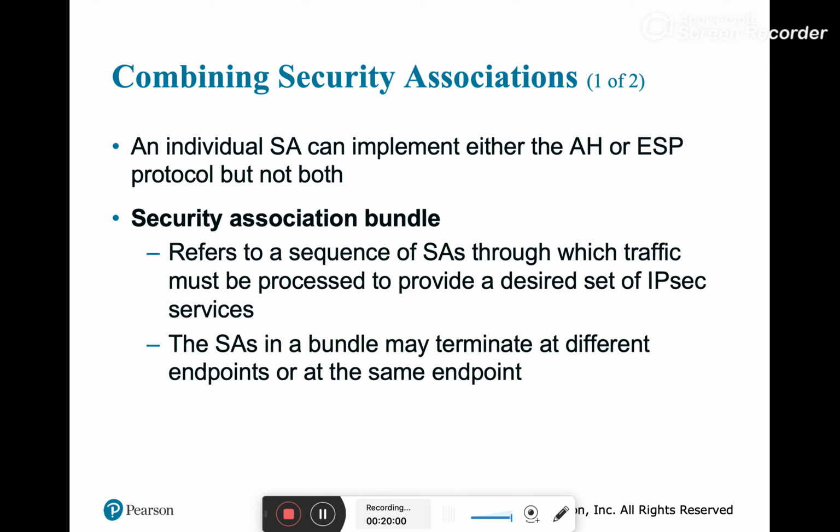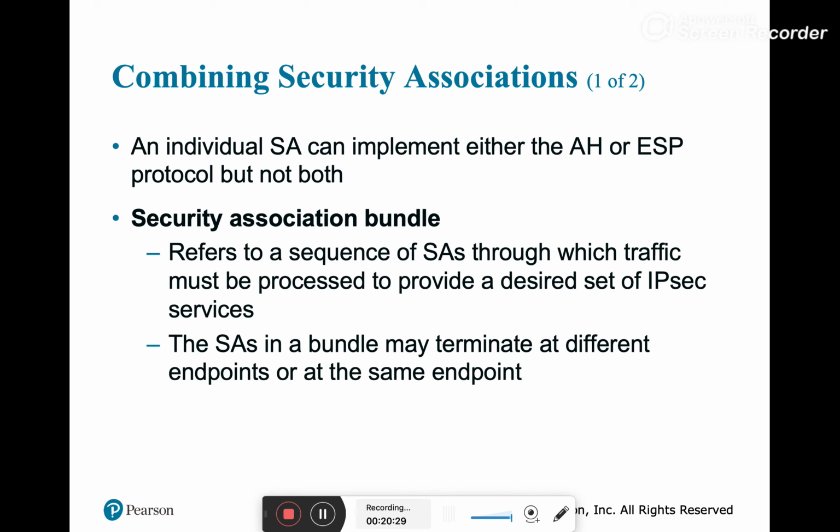Now, what is a security association bundle? The term security association bundle refers to a sequence of security associations, meaning more than one security association, through which traffic must be processed to provide a desired set of IPsec services.